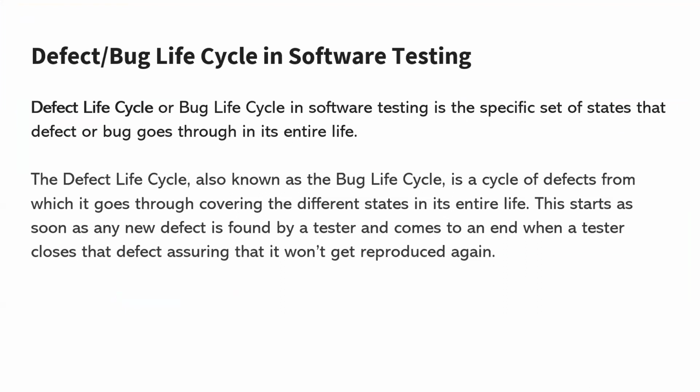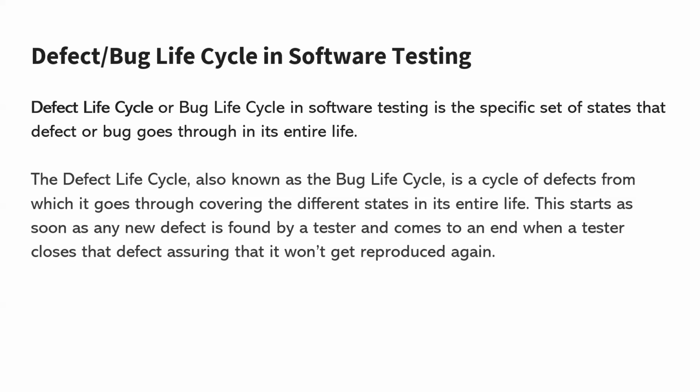So let's see what exactly the bug life cycle is. The way we have discussed the software development life cycle and the software testing life cycle, similarly, we have the bug life cycle or defect life cycle. So the defect life cycle or bug life cycle in software testing is a specific set of states through which a defect goes through its entire life.